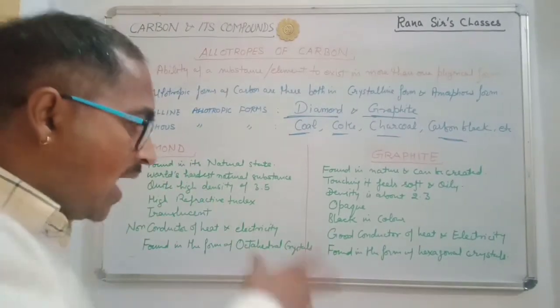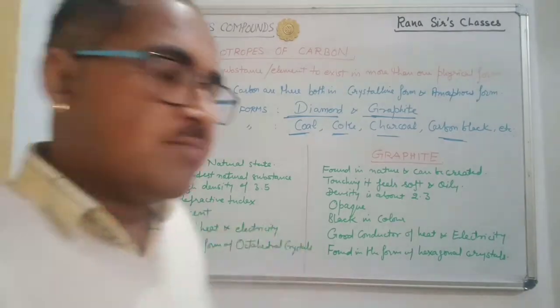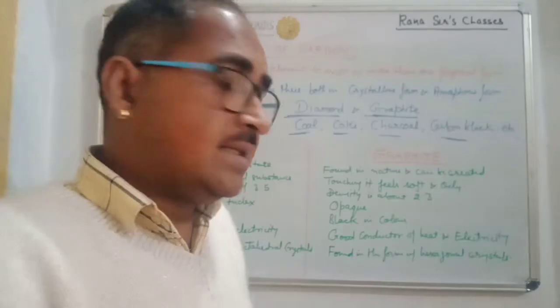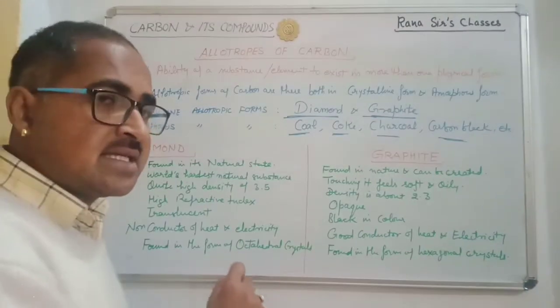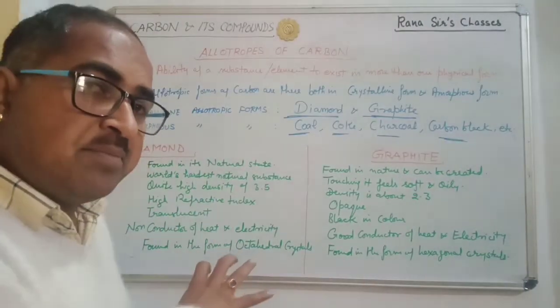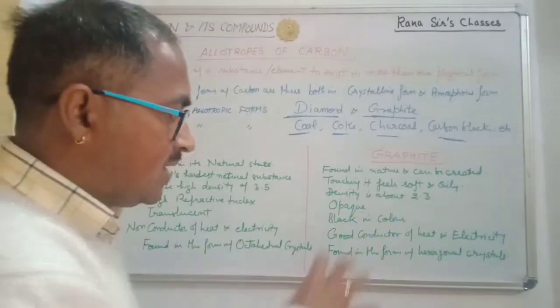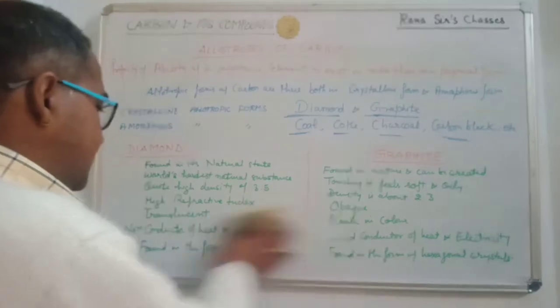Covalent bonds are always there in them, but this bonding determines how diamond becomes a non-conductor of electricity and graphite becomes a conductor of electricity.